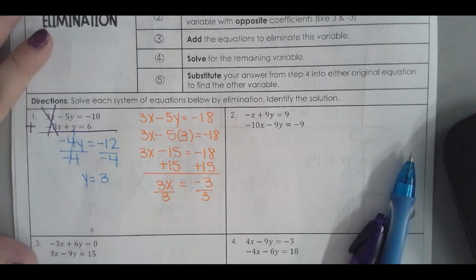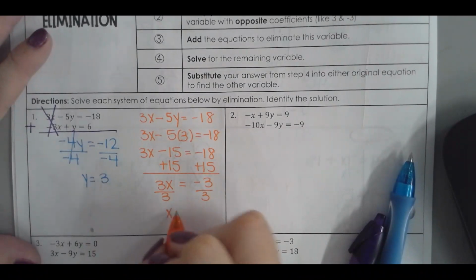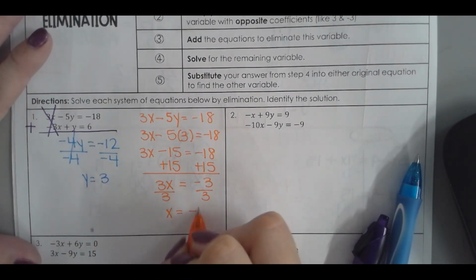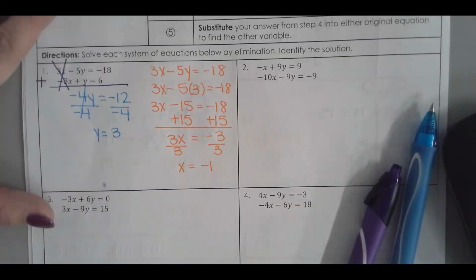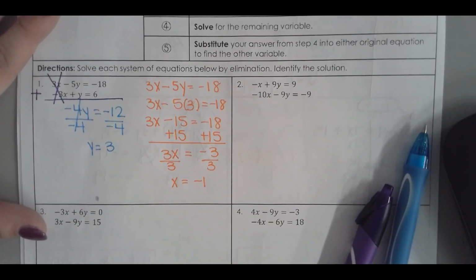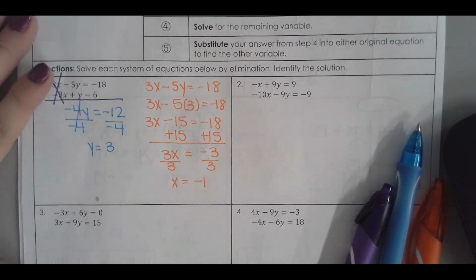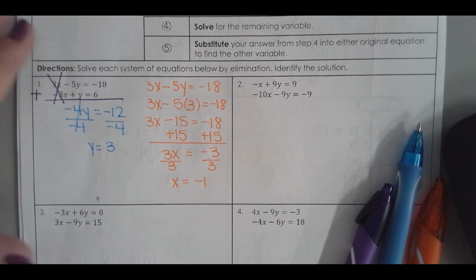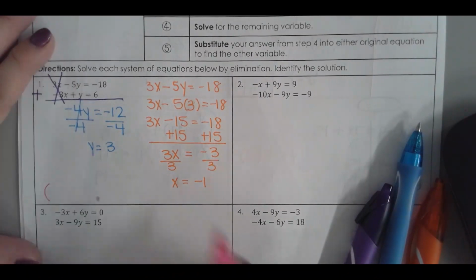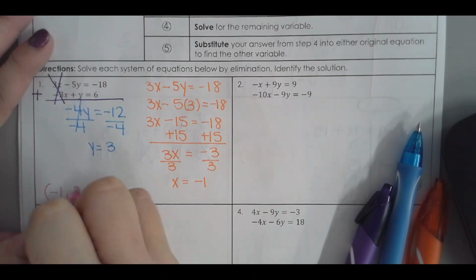Dividing by 3 gives me x equals negative 1. So my solution is the point, x is always first, negative 1, 3.